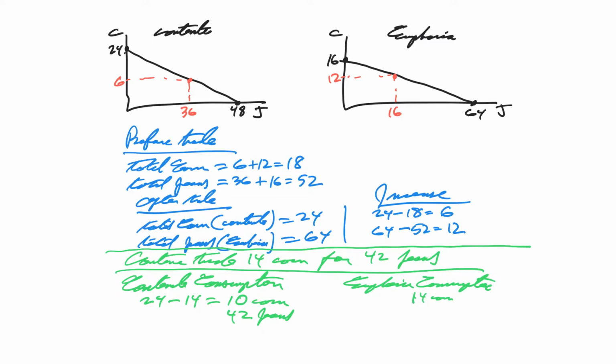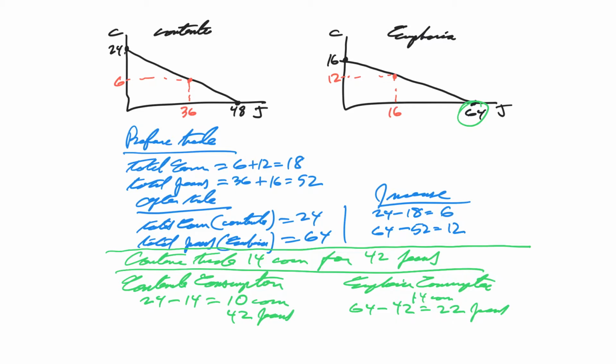So they're producing 64 jeans, and then they're trading away 42 to Contente, which is leaving them to consume themselves 22 jeans. All right, so there's their consumption.